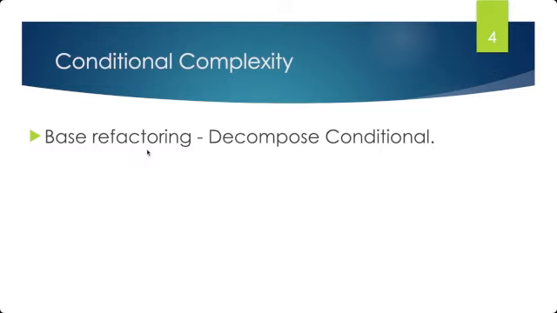One method for condition, one method for then part, and one method for else part. This makes the code easier to read and understand. Instead of reading a long if statement, we can read simple function names that explain the logic.